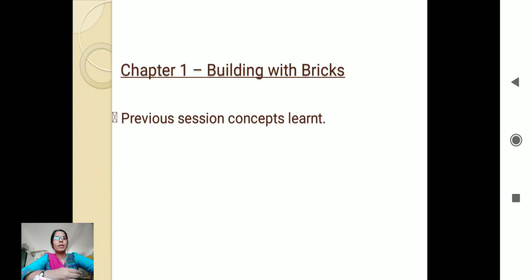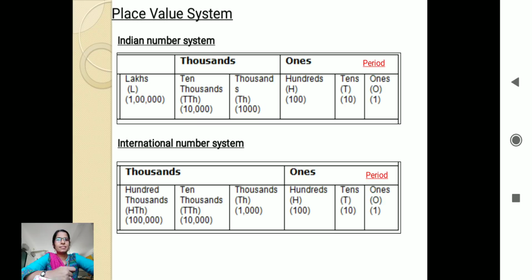So moving ahead, we can see the two place value systems on the screen. Here the difference starts with the periods. Now see the period. The ones period has three places, as I told you in the Indian number system: ones, tens, hundreds.